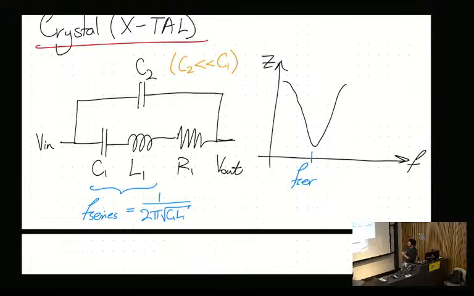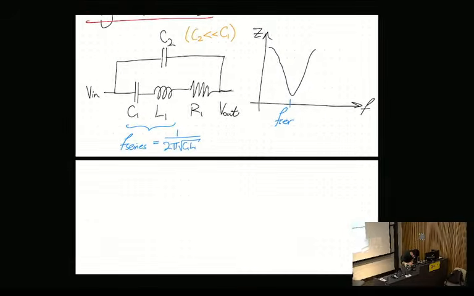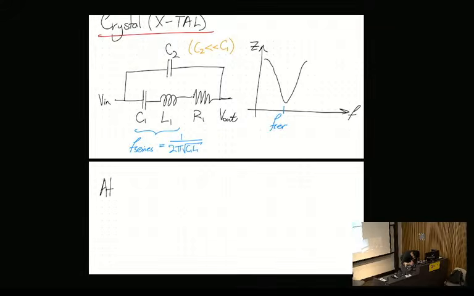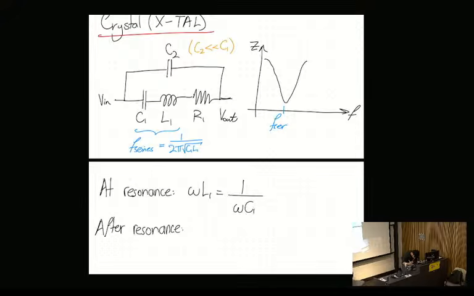But that's not the whole story. So what actually happens after this point? To make it super clear, at resonance the impedances equal each other, right? The capacitive impedance and the inductive impedance equal each other. But what happens after resonance is that the inductor impedance grows larger than the capacitive impedance.